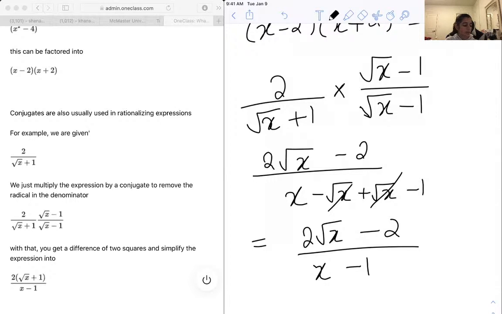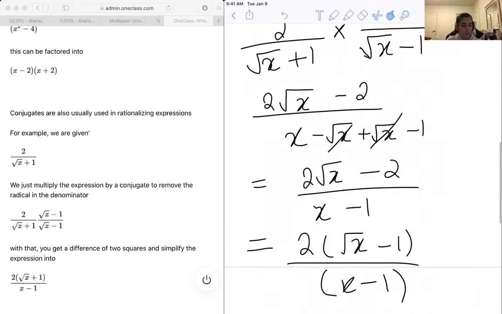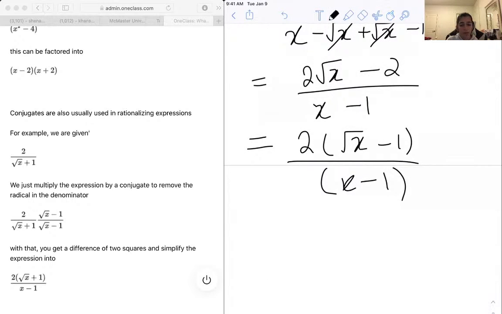You can take out the 2 if you want. You can leave it in. It's up to you. So there you go.